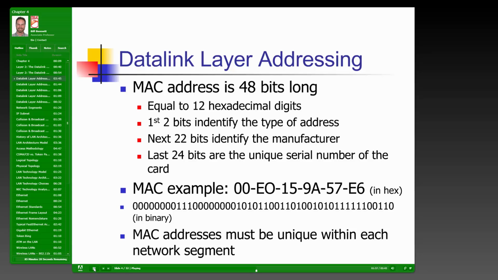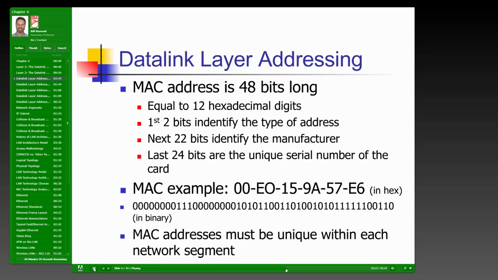Here's an example of a MAC address separated by dashes. Usually this is the way that it's organized, in pairs of hexadecimal numbers. You can see that both letters and numbers are used here, and then you can see the translation of that MAC address into its binary value in the next bullet.